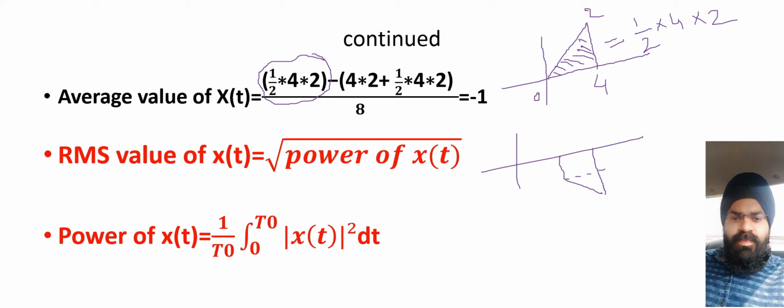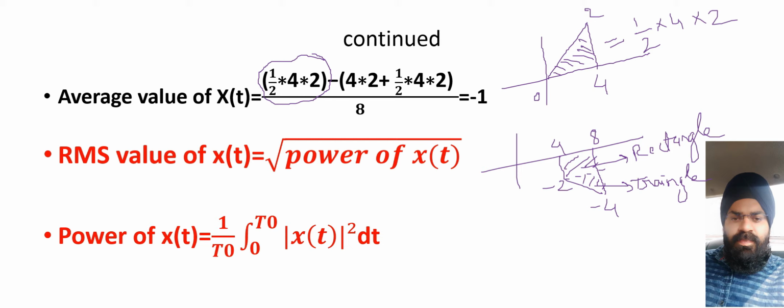So how do we calculate the area of the trapezoid? This is a rectangle, and here is a triangle. So we can say the area of the trapezoid is the area of the rectangle plus the area of the triangle. This is 4 to 8, this is minus 2, this is minus 4.